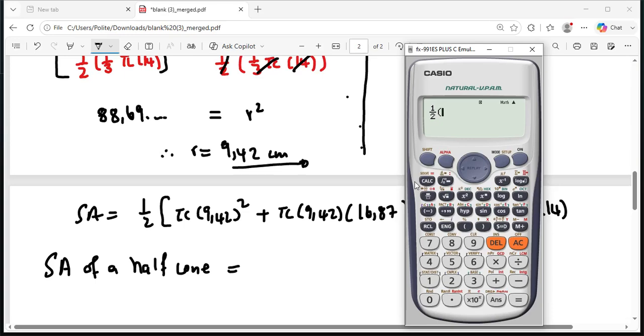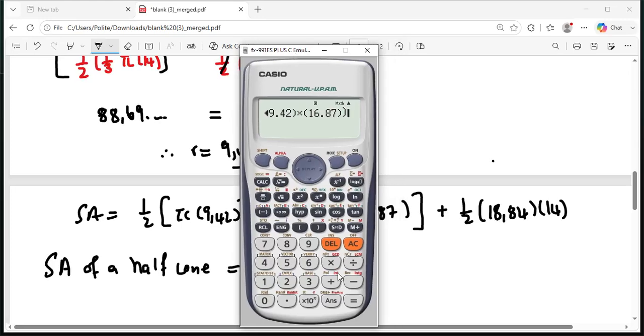Half of pi multiplied by 9.42, everything squared. We're going to add pi multiplied by 9.42 again, and then this is multiplied by 16.87. Close the bracket. Okay, let's put the other part.